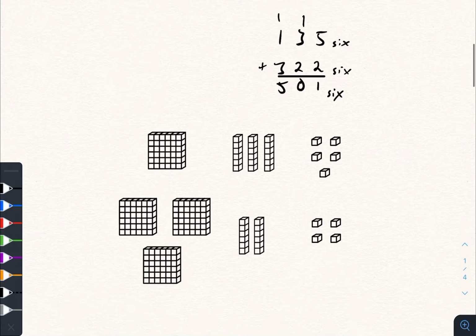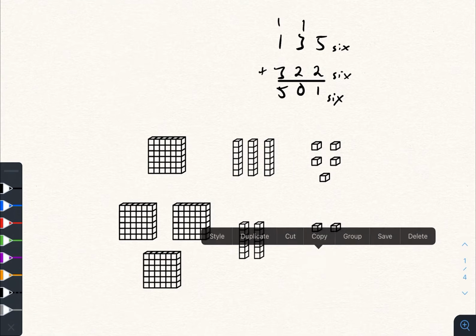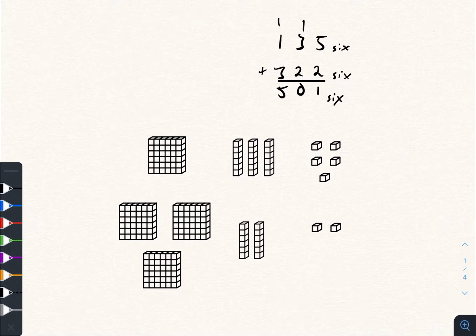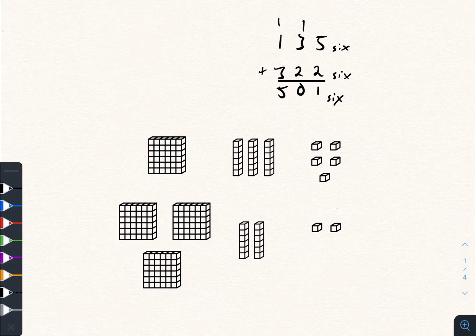And if I were to do all the exchanges here, this should be 2 right there. Okay, that's fixed now. So now I have 135 plus 322 base 6. So when I combine the 5 with the 2, I can combine 1 with that.